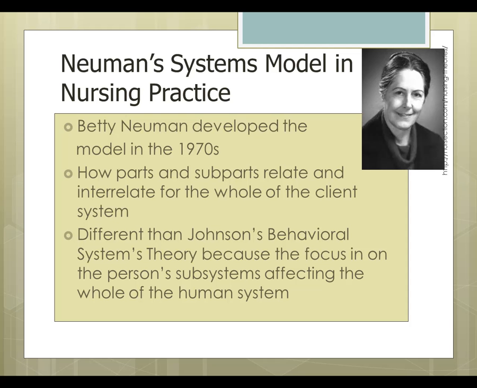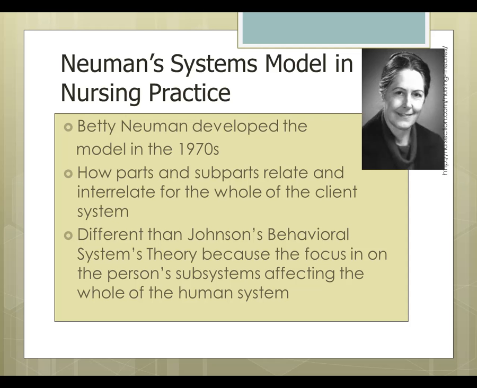It is different from Johnson's behavioral systems theory because the focus is on the person's subsystems affecting the whole of the human system. If we think of Johnson's behavioral system, she says there might be a deficit in one of the behavioral systems, and then we have to set a goal within that behavioral system to get the patient where they need to be.